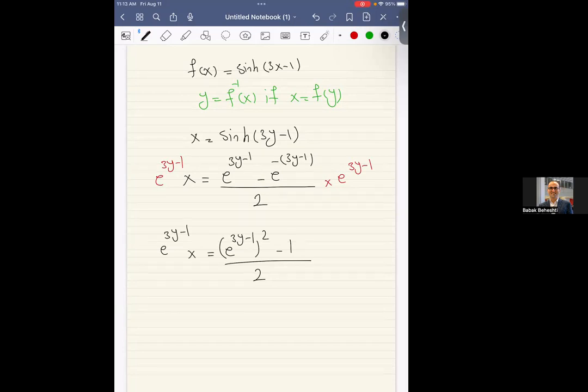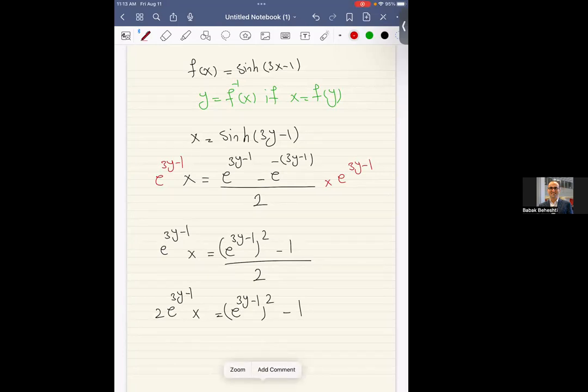Okay, now what you get is 2 times e^(3y-1) times x equal to (e^(3y-1))^2 - 1, right? Just for convenience, let this e^(3y-1) be t.